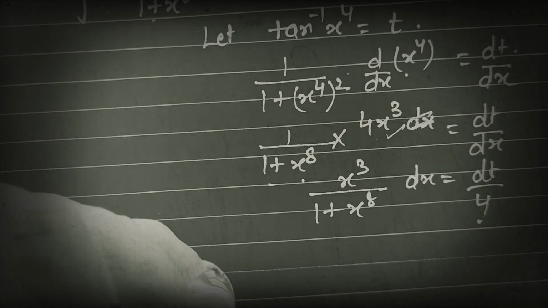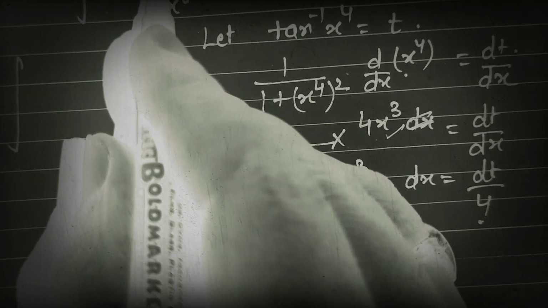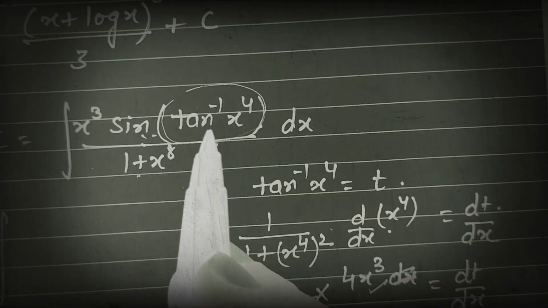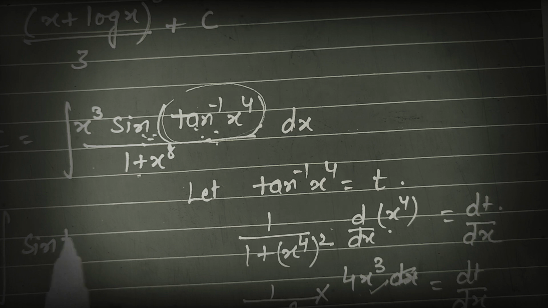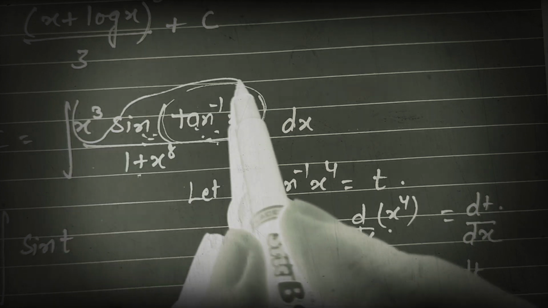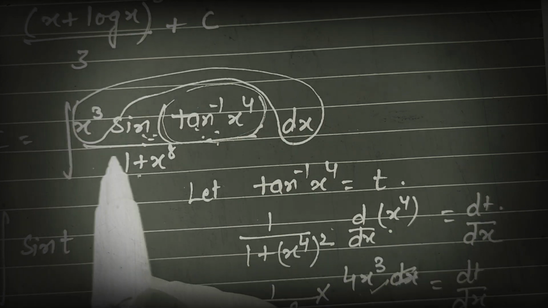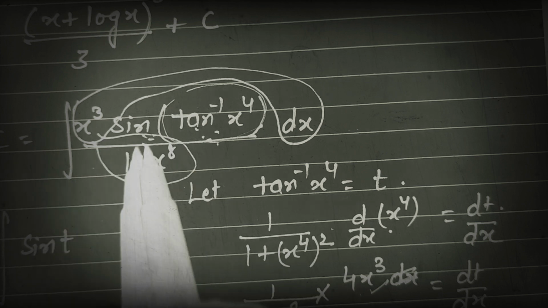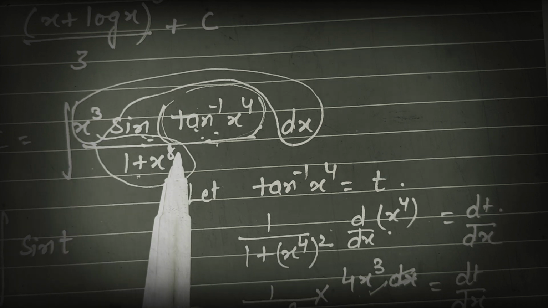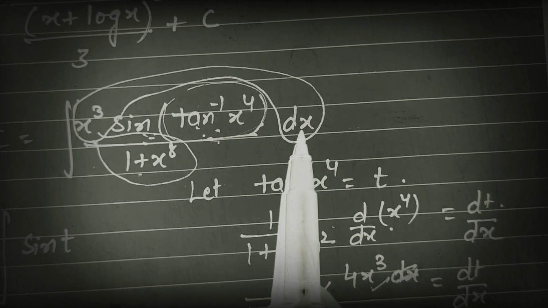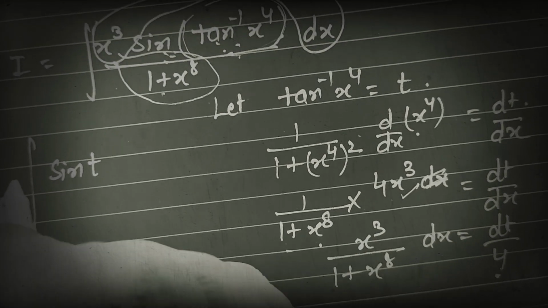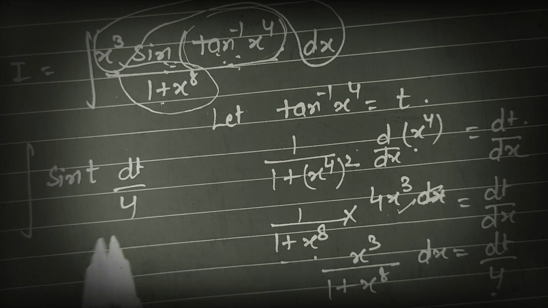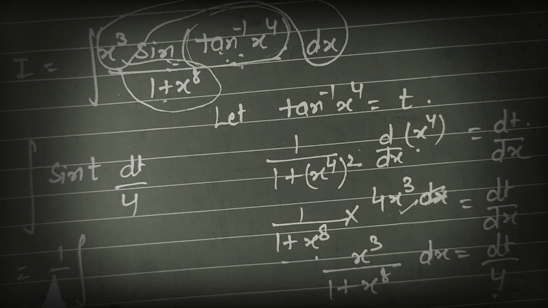So what is I here? This part is sin t, because we have taken this as t, and this other part x cube upon 1 plus x raised to power 8 dx is dt upon 4. 4 is a constant, so we can take it outside: 1 upon 4 integral of sin t dt.